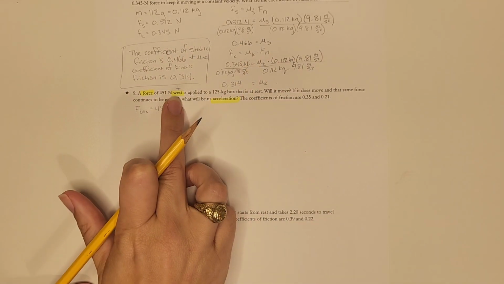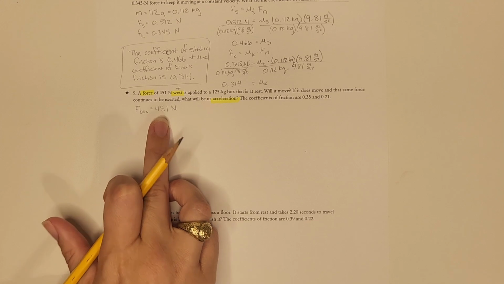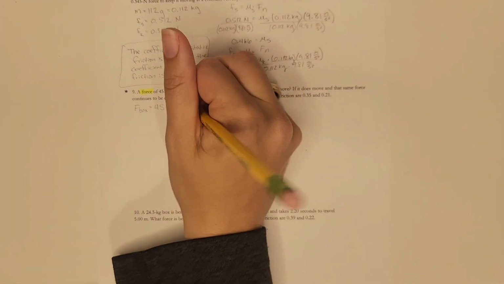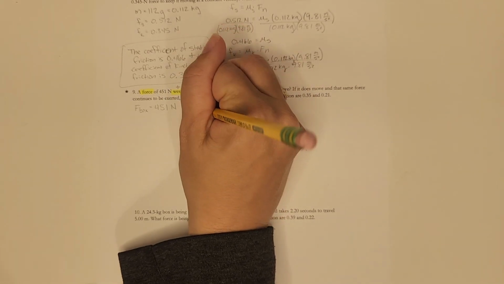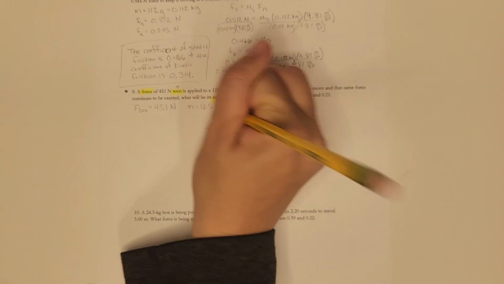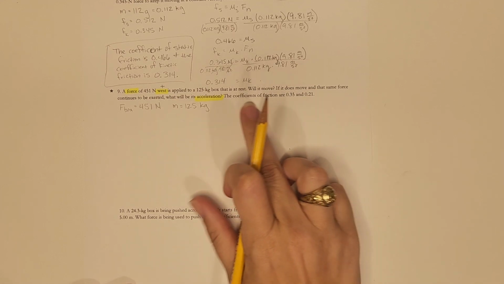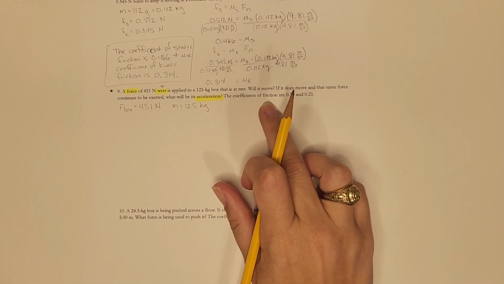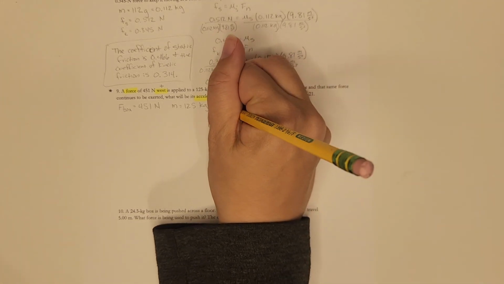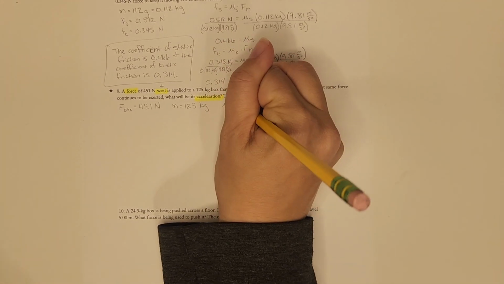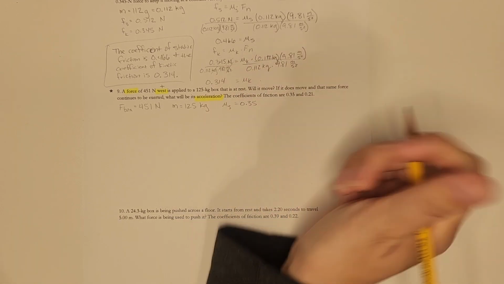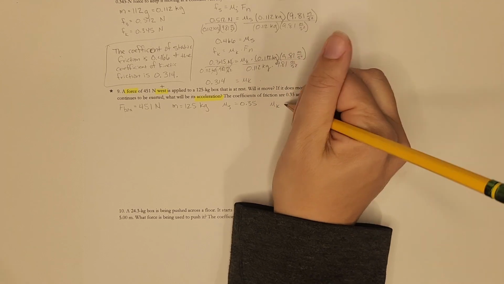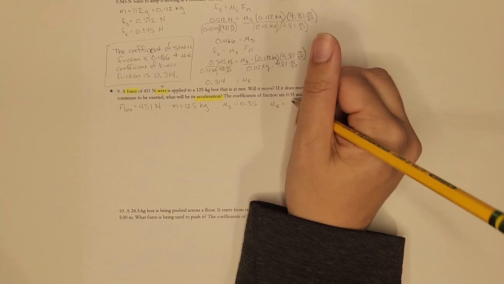The newtons west, I'm assigning west to be positive, so I'm just going to say 451 newtons. My mass equals 125 kilograms. I have two coefficients of friction. The coefficient of static friction is going to be the bigger one, so my mu s equals 0.35, and the smaller number, 0.21, will be my coefficient of kinetic friction.